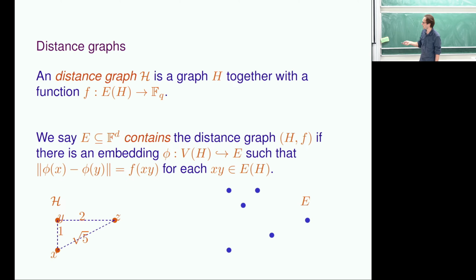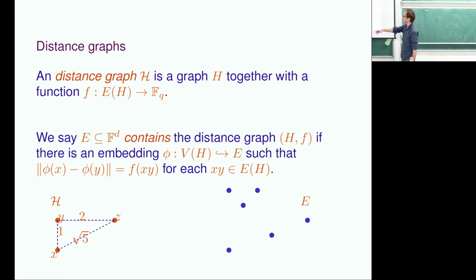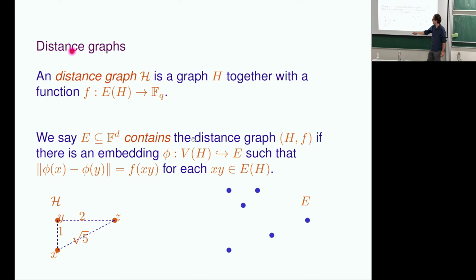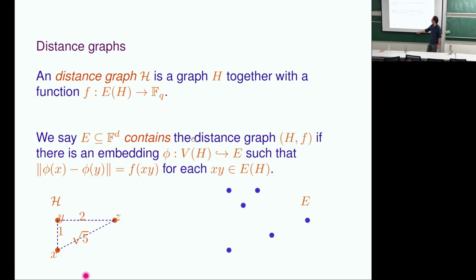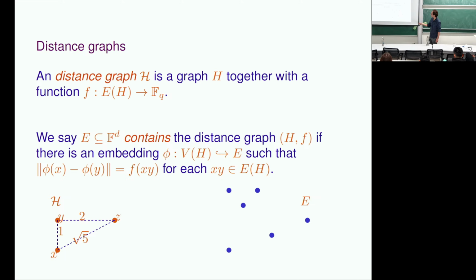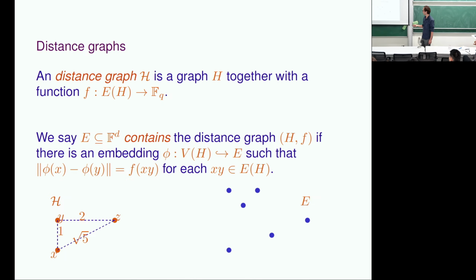So here's a graph H with 3 vertices where we've labeled the edges of H with 1, 2, and square root of 5. And the question is, does this set E of points here contain that distance graph? And the answer is yes.